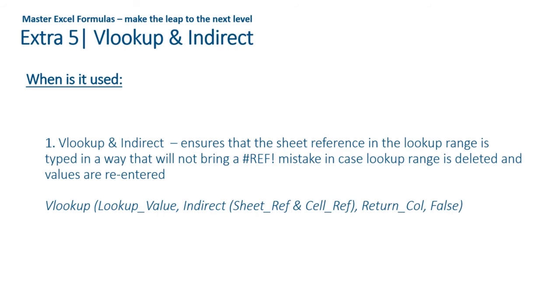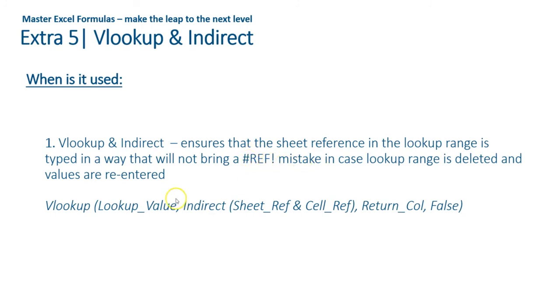Now, what does the VLOOKUP and INDIRECT combination do? It ensures that the sheet reference in the lookup range is typed in a way that will not bring a reference mistake. This is usually the mistake that comes up when something within the lookup range for the VLOOKUP part has been deleted, when you don't use INDIRECT.